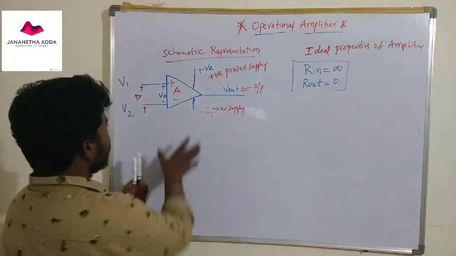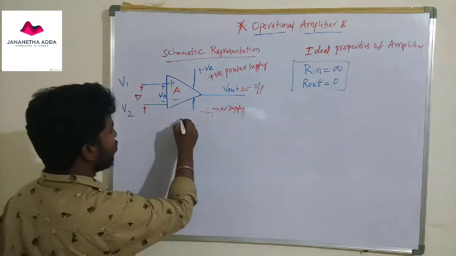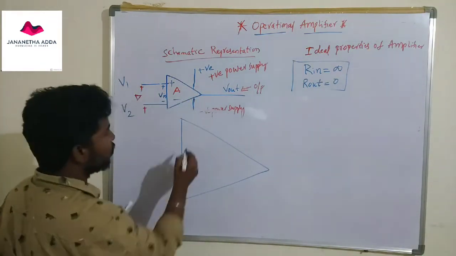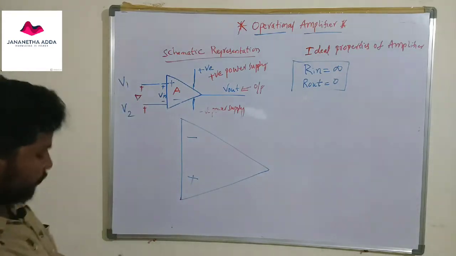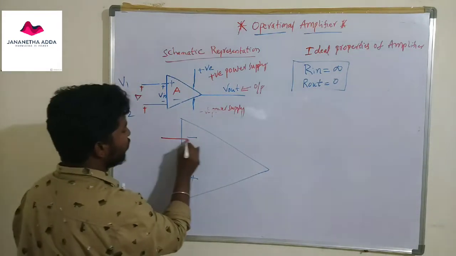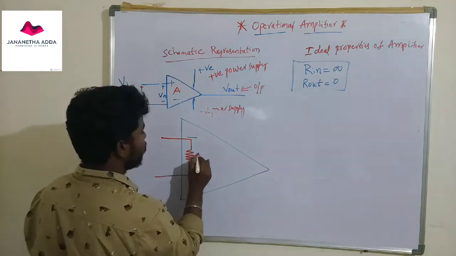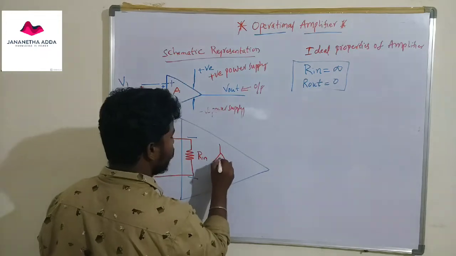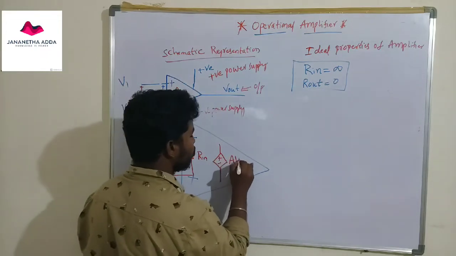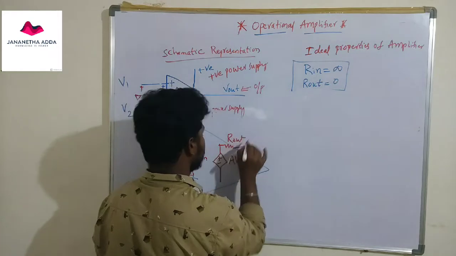So if I represent the circuit model of this operational amplifier, I am drawing it in a big way. It has a negative terminal, Vn, and a positive terminal, Vp, with an input resistance of Rin. It should possess a dependent voltage source or dependent current source, and some Rout resistance.